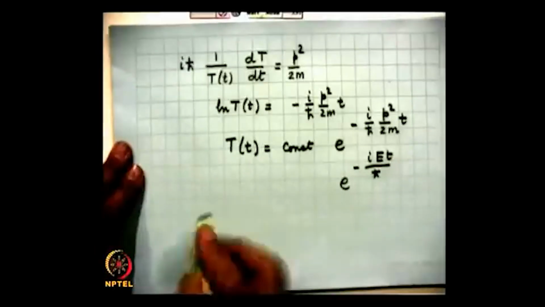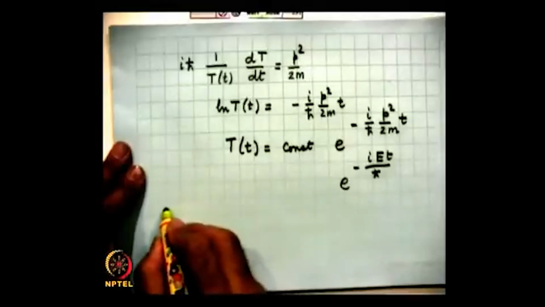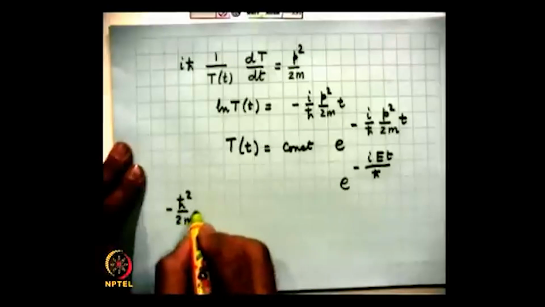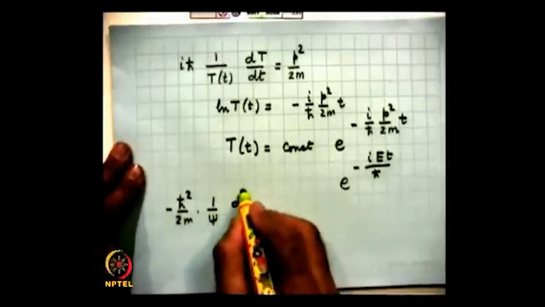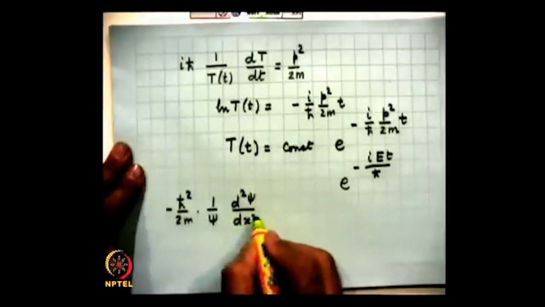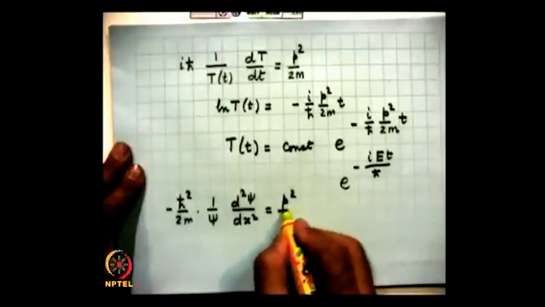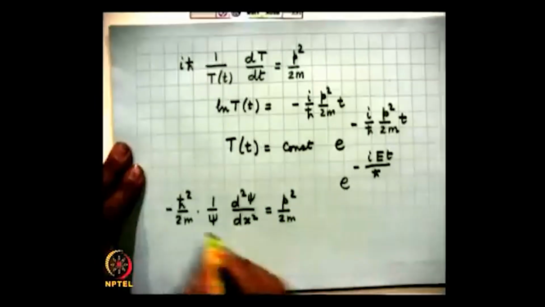Let me solve the other part of the equation, namely minus h cross square by 2m, the x part, 1 over psi d2 psi by dx square, is equal to p square by 2m. So, 2m cancels out.